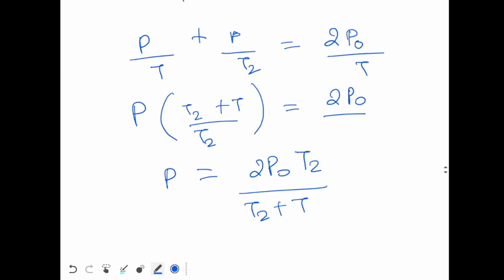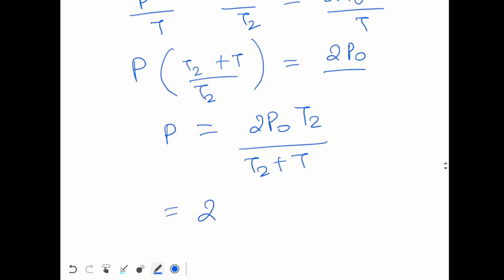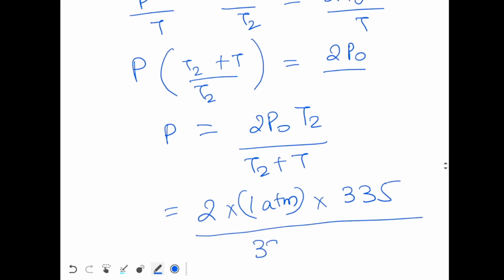The temperatures are to be taken in Kelvin. So 2 times P naught, where pressure is 1 atm, so I can write pressure in atm, no problem, but temperature I need to write in Kelvin. T2 is 62 degrees Celsius, so that will be 335 Kelvin, divided by 335 plus the initial temperature, 0 degrees Celsius, which is 273 Kelvin.